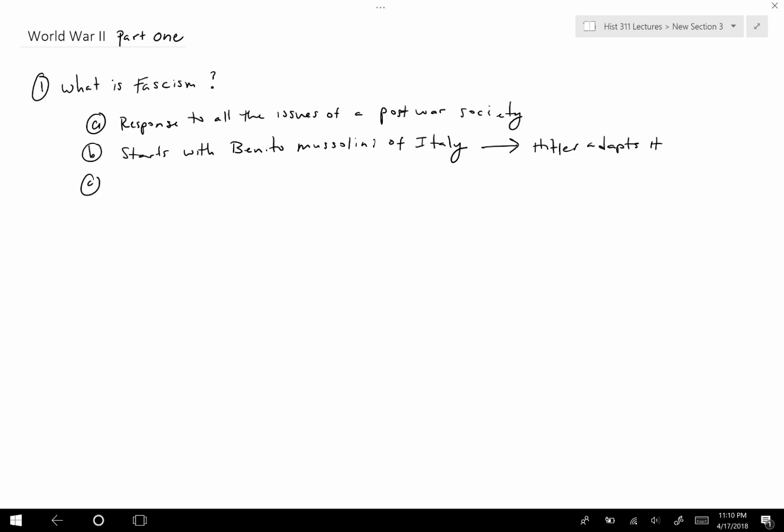All right, so let's say a definition for fascism. It's a political and philosophy movement of a regime that exists as a nation.